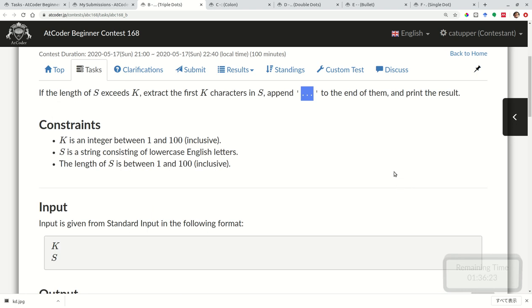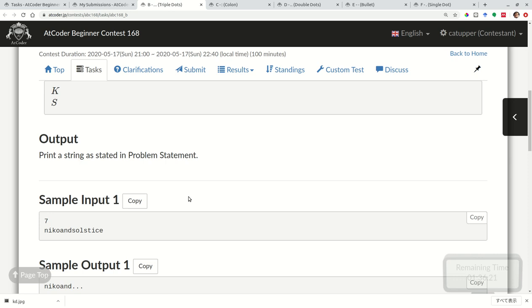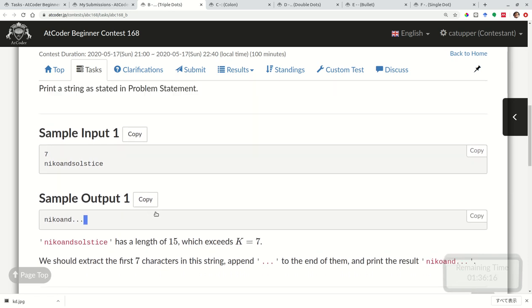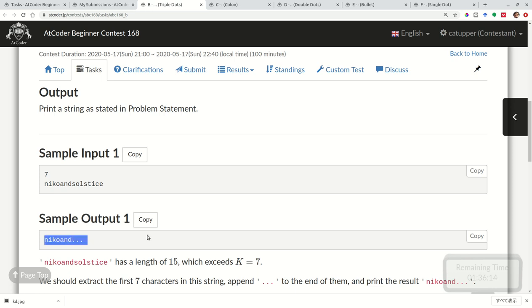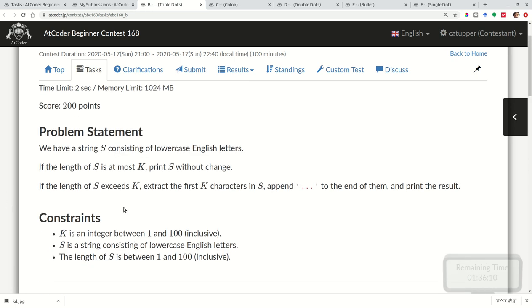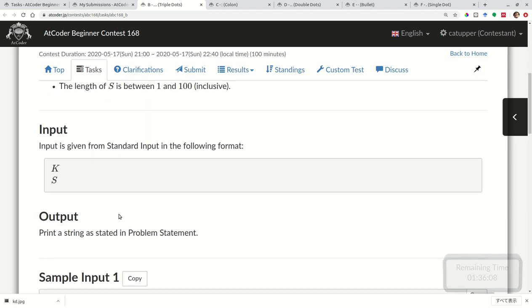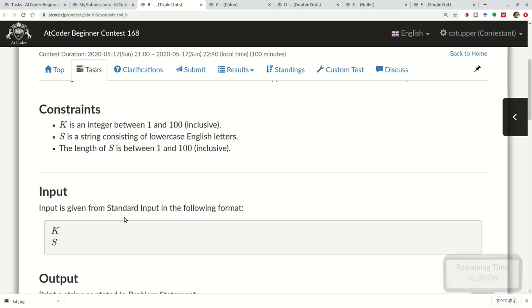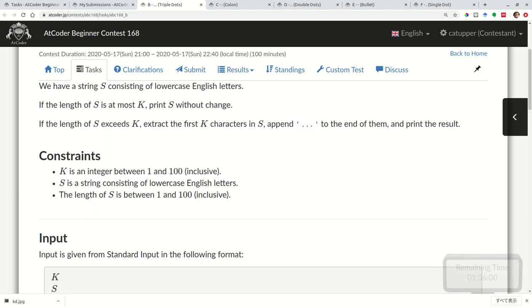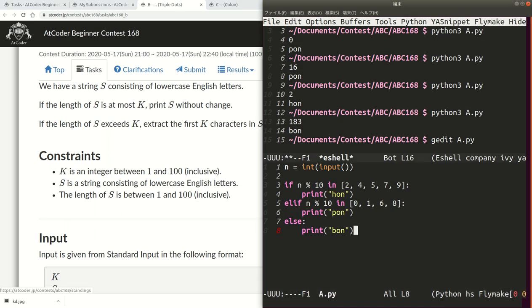Okay, so we can use the slice functionality of Python. This is famous. So get S and compare the length with K, and if it exceeds K, just slice and add triple dots. Simple if.